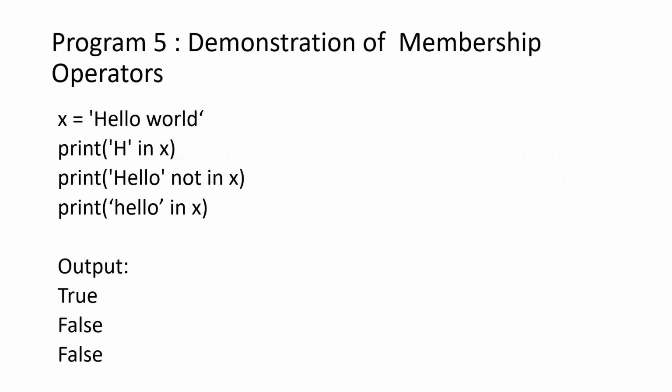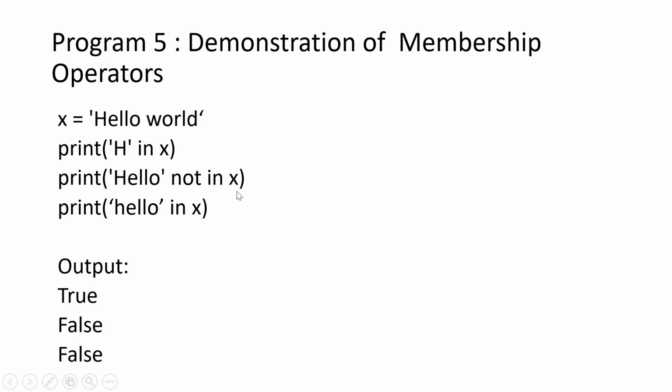For demonstration of a membership operator, here we will check x = "hello world", print "h" in x, then print "hello" not in x, and print "Hello" in x. So see, x is one string. As per the execution of the first statement, it will check the first character h in x. The value of x is hello world, so definitely h is available in hello world, so it will return a true.